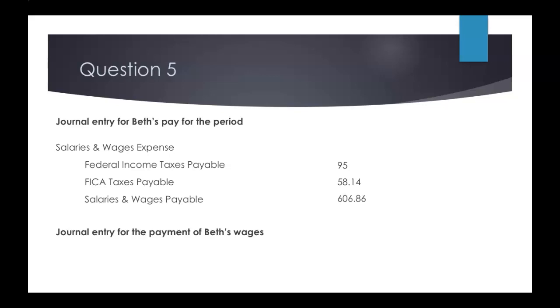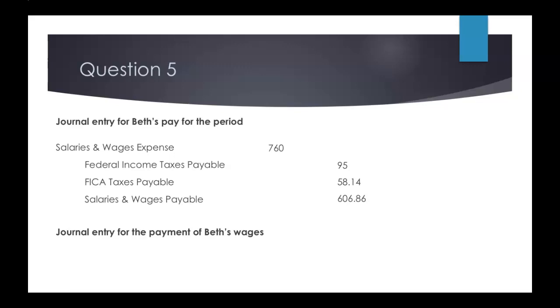Well, your payable is going to be your net pay, right? Payable. So salaries and wages payable is your net pay of $606.86. Well, if you add up those three, you get $760.